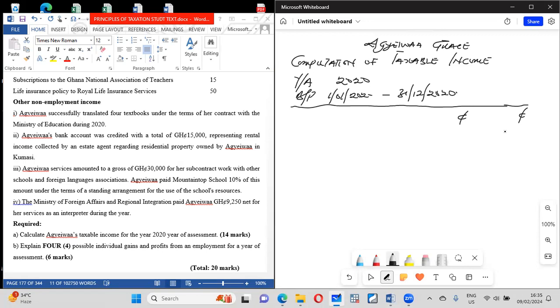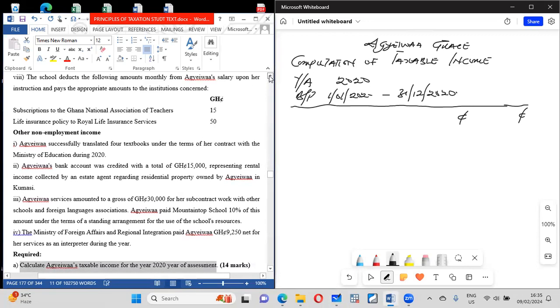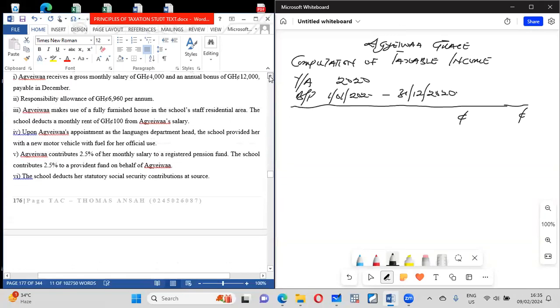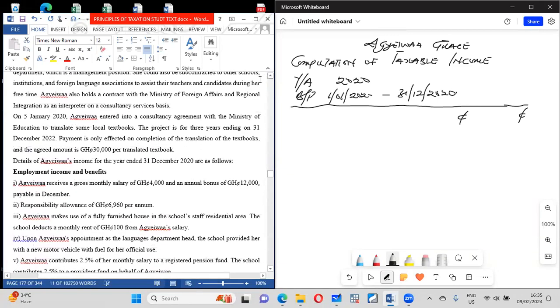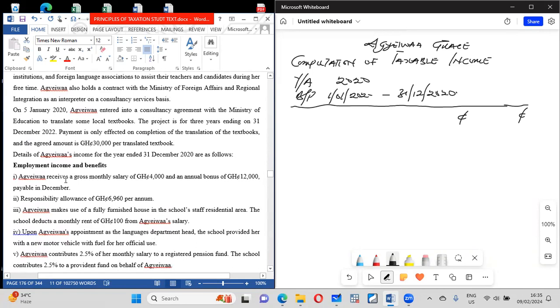So what is Ejewa's salary? Try as much as possible to get most of the ticks. This one is the gross salary, which you can also call the basic salary.